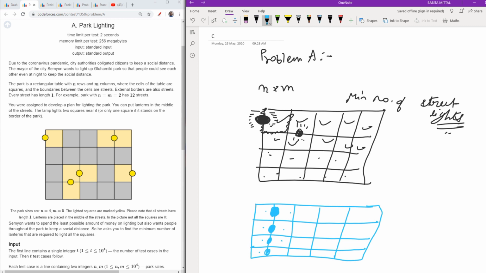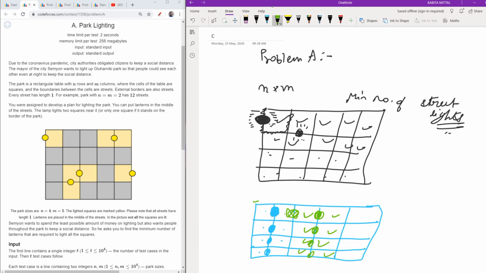Now you will say, Aaron, if I place the next lamp here, it will light this and this, but that is already lit. So why are you wasting the lamp unnecessarily? I will not place here, I will place here instead, and it will light this and this. The same goes for here, here, and here.